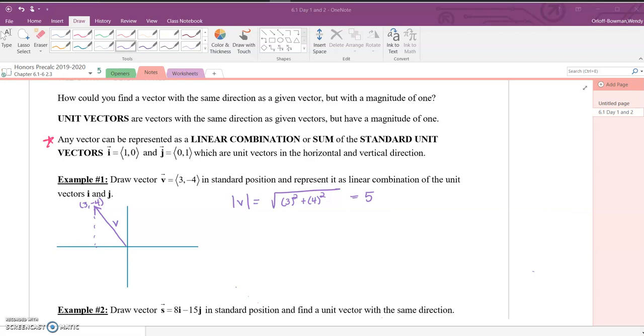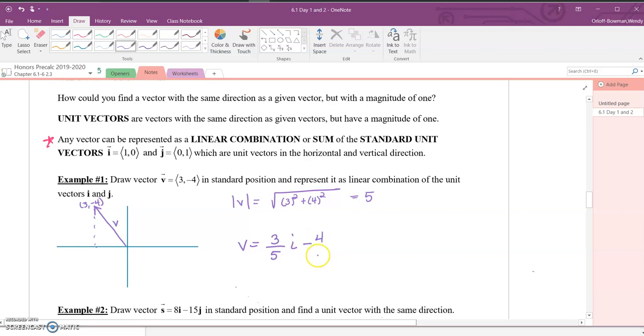Now, I can write vector v as a linear combination. So v equals, I'm going to take the horizontal component of 3 and divide it by the magnitude of v. So I have 3/5 i minus, I'm going to take the vertical component of vector v and divide it by the magnitude of v.